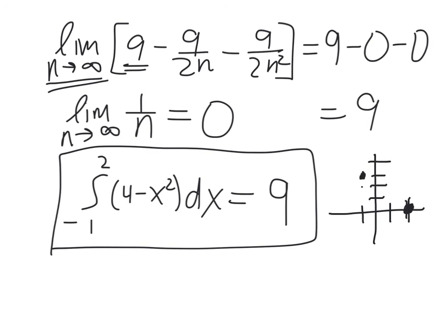So one way to think of it, that value of 9, represents the area of this region. Okay. And later on, in the next several weeks, we're going to see many more applications of the definite integral. But that is one of many different ways to use that mathematical operation.